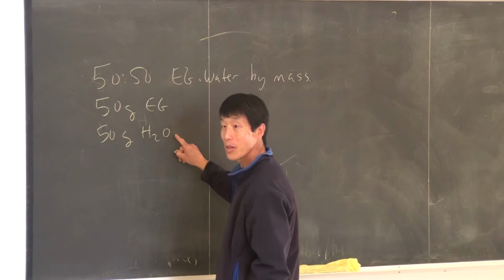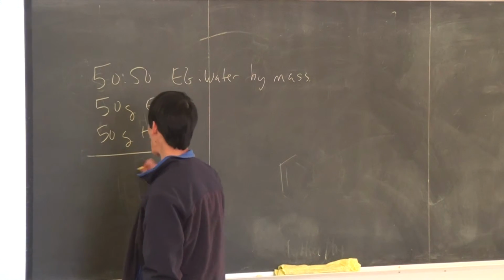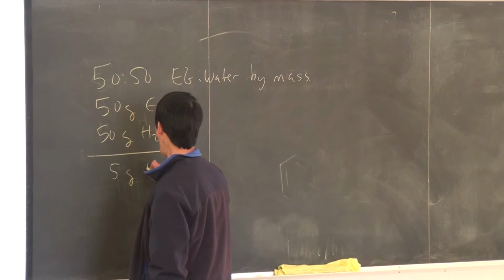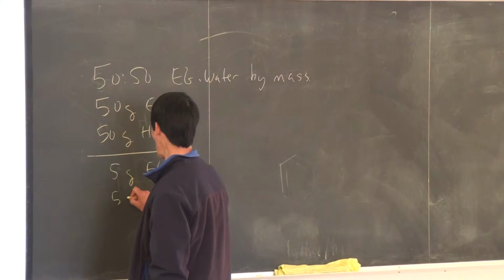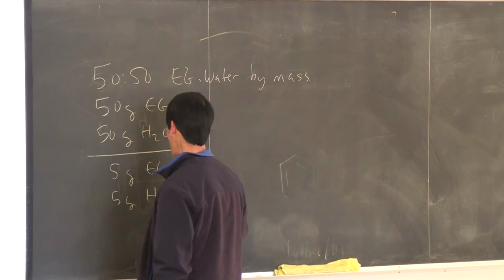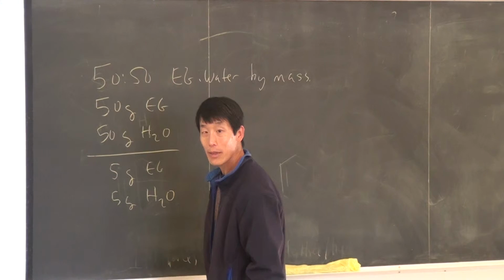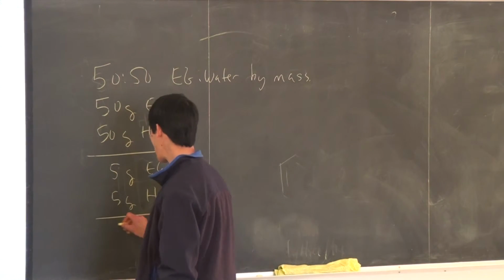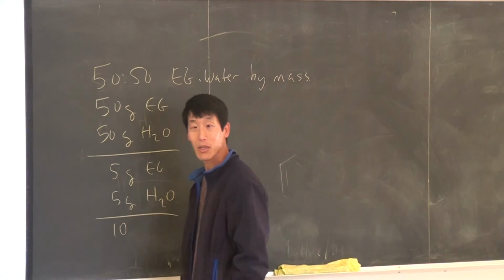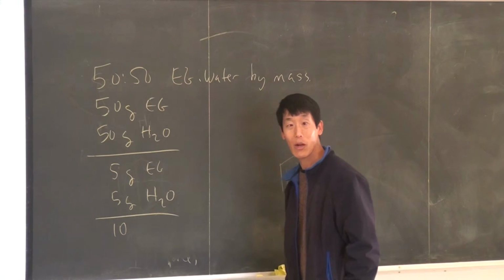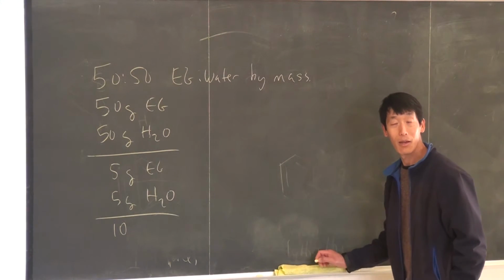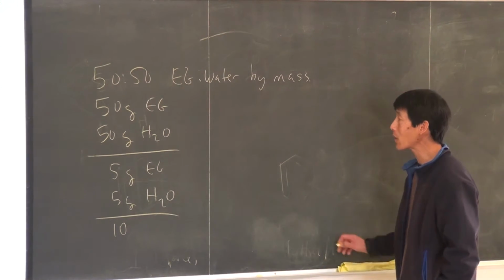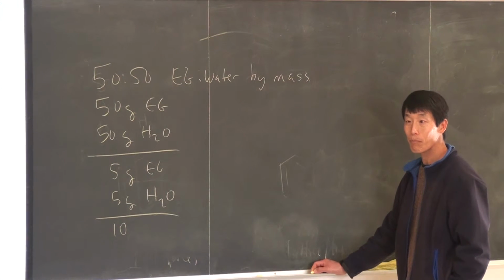So you can do this, or if you don't like using 50, you can use 5 grams of ethylene glycol and 5 grams of water. Or if you don't like those numbers, you can say you have 10 of each. It doesn't matter what you use, does it? No, you can use whatever numbers you want, because the concentration is the same no matter what.